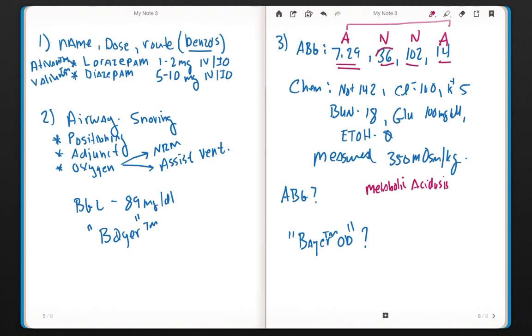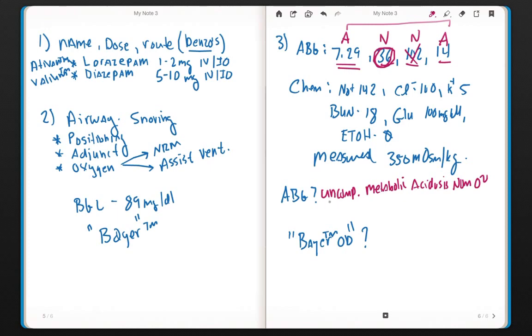And because this is the only area where I would see compensation, because the CO2 doesn't really count, it's normal. If it's normal, that means there's no compensation. So this is an uncompensated metabolic acidosis with normal oxygenation this time.